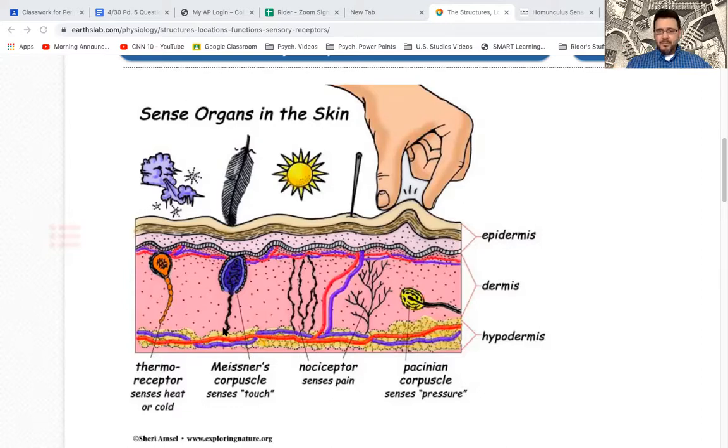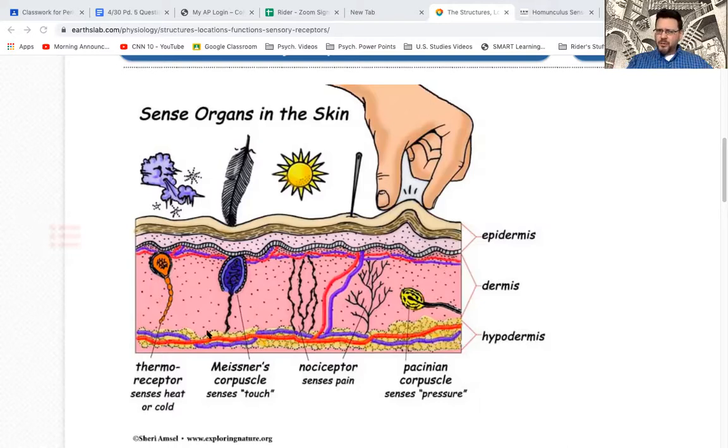So receptor cells are a lot like neurons, but we don't call them neurons because they're in the peripheral nervous system, waiting to pick up information from the outside world and send that information into the spine and or the brain so that we can process it: bottom-up processing.